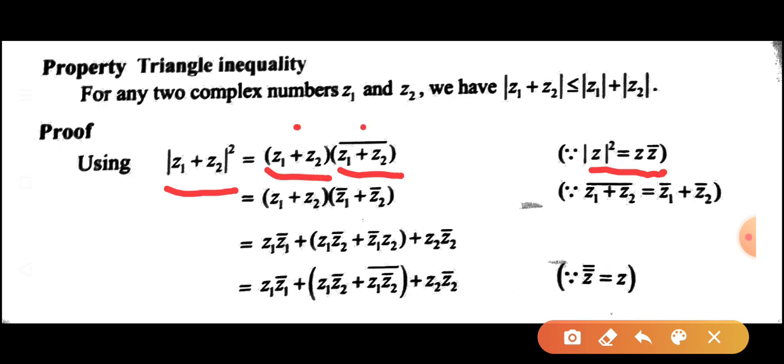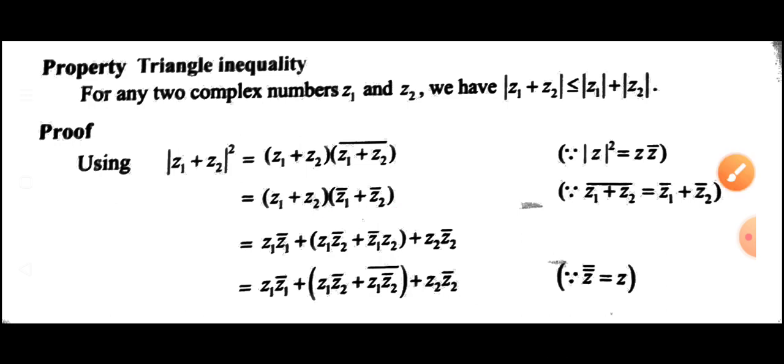Now the second step: z1 plus z2 into z1 bar plus z2 bar, because z1 plus z2 whole bar is equal to z1 bar plus z2 bar.